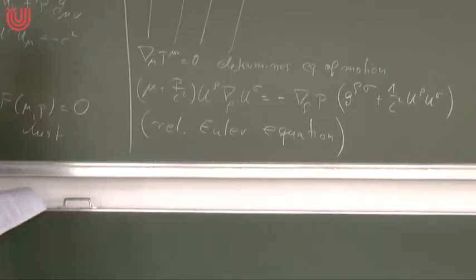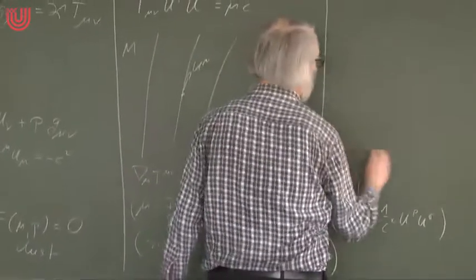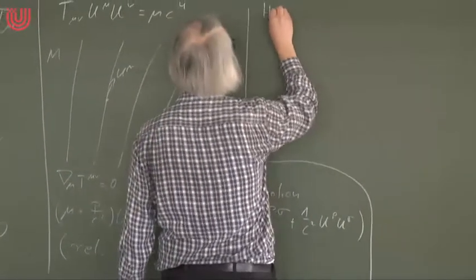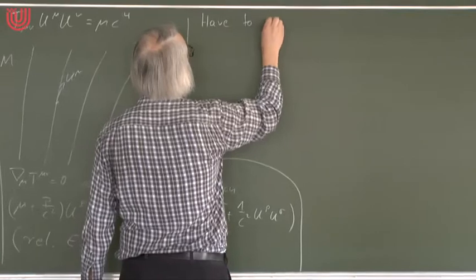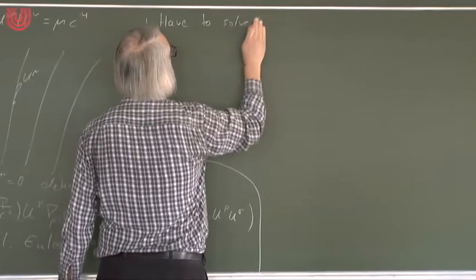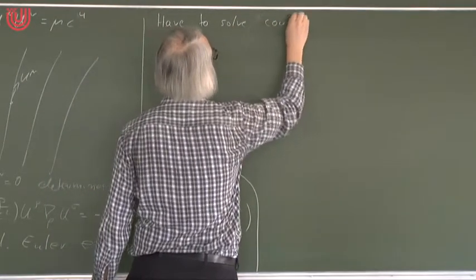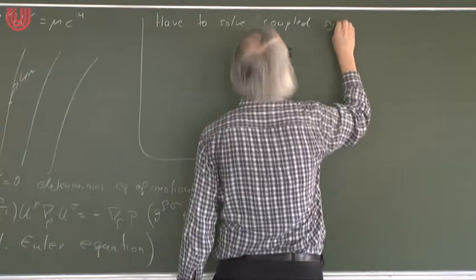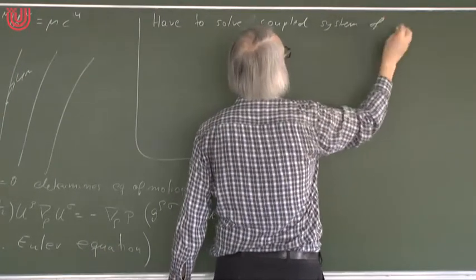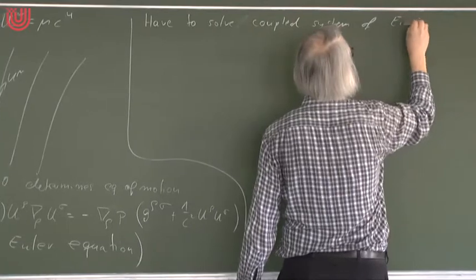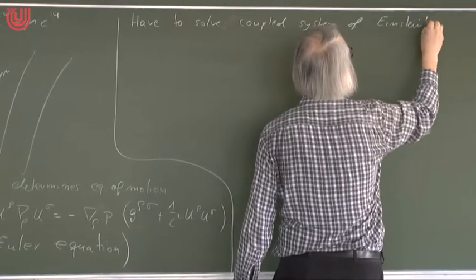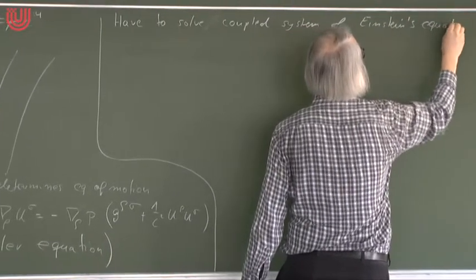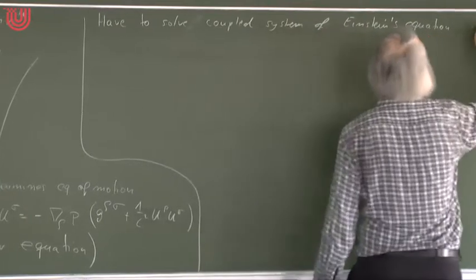So what we have to solve is then a coupled system of Einstein's equation and Euler equation.